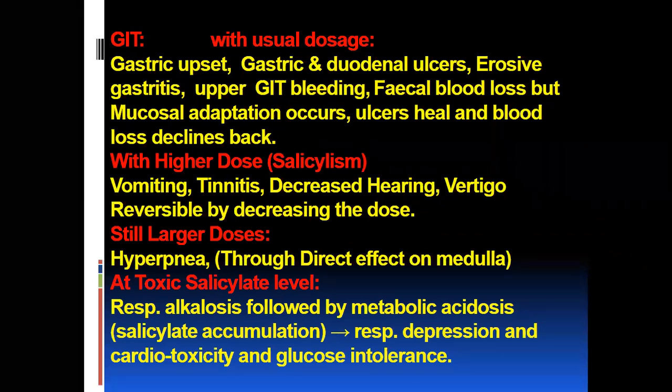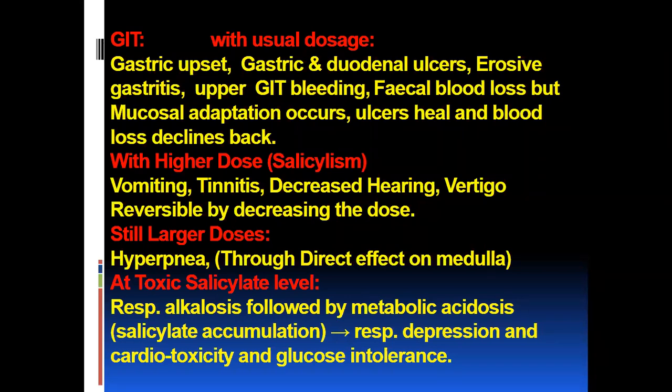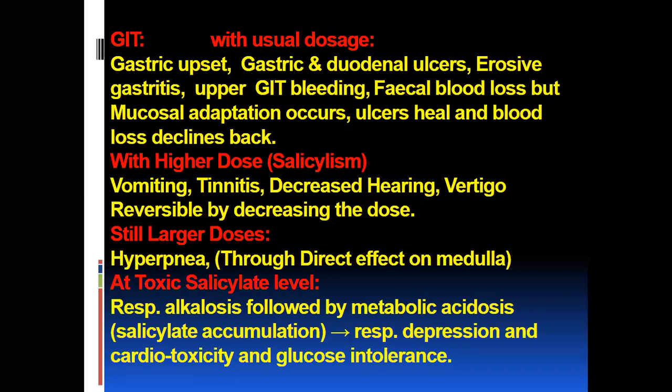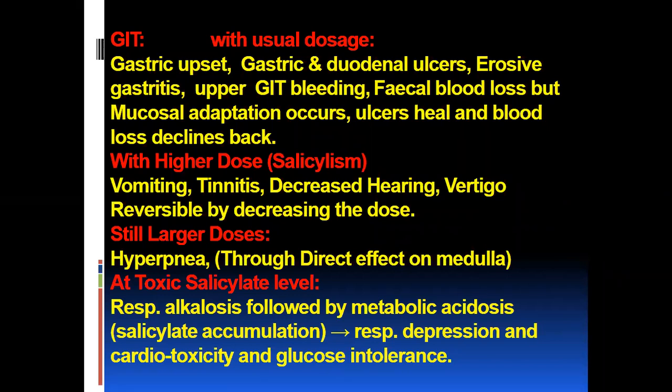While with still larger doses of aspirin, hyperpnea through direct effect on the medulla, and as I have told you, respiratory alkalosis, which is followed by metabolic acidosis due to salicylate accumulation, and then respiratory depression can occur, cardiotoxicity and glucose intolerance will occur.